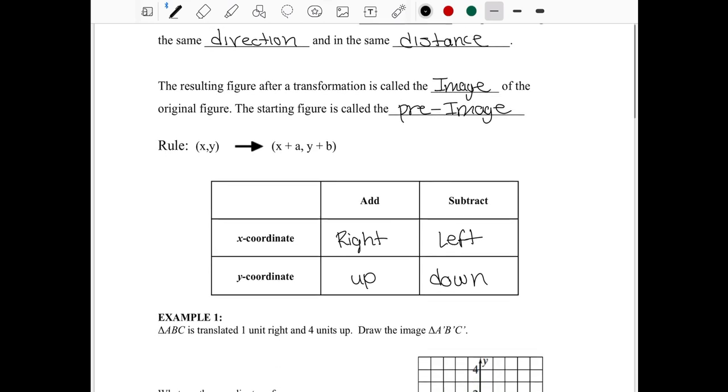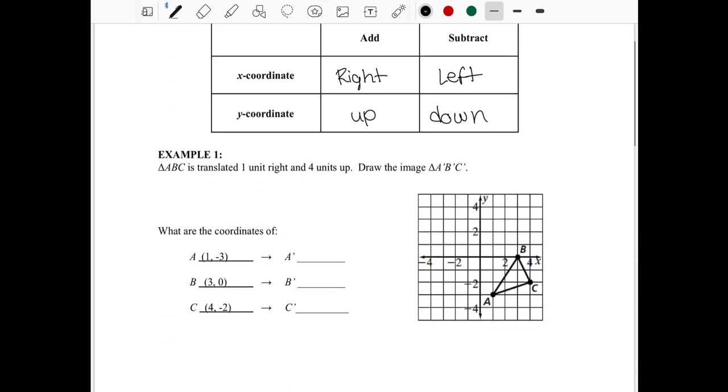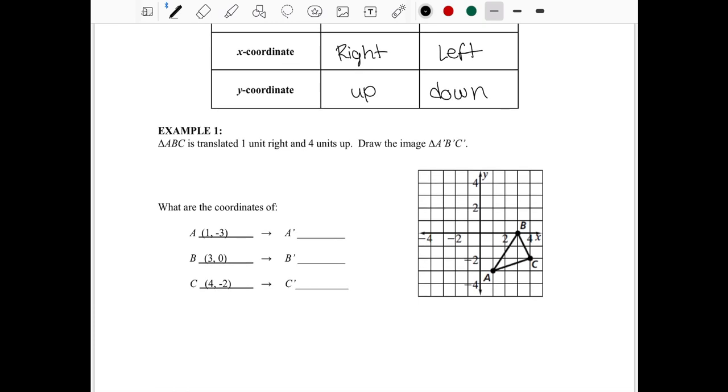So now let's look at example 1 to actually see how it's done. It says triangle ABC is translated 1 unit to the right and 4 units up. Draw the image, triangle A prime, B prime, and C prime. If you look at the graph, it already graphed it for us, but they told us how to translate it. They told us to go 1 unit to the right.